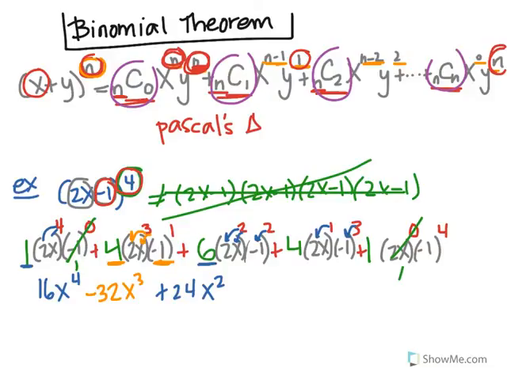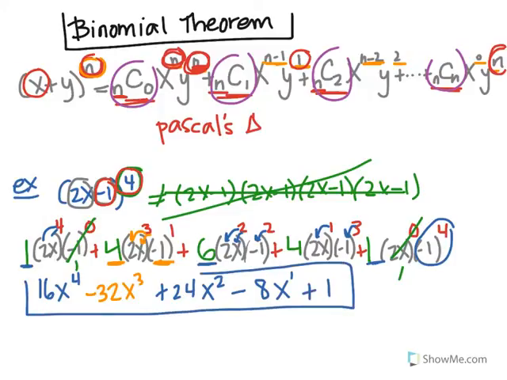Well, negative 1 cubed is negative 1, times that 2 is negative 2, and then times that 4, which is negative 8. And then I get x to the 1st. And last but not least, a negative 1 to the 4th times a 1 is a positive 1, so I get plus 1. So here's your final answer expanded.